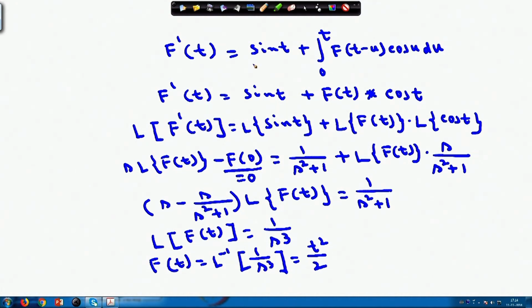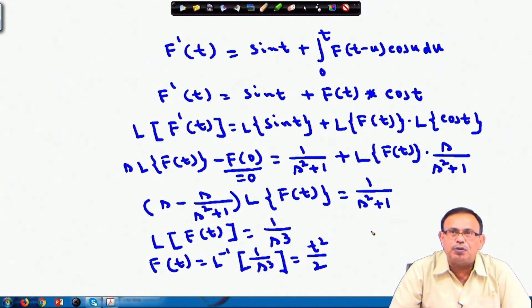Therefore, for this problem f'(t) = sin t + ∫₀ᵗ f(t − u) cos u du, the solution is f(t) = t²/2.